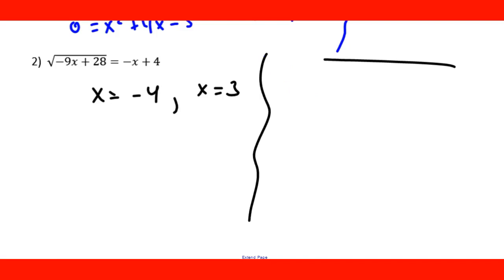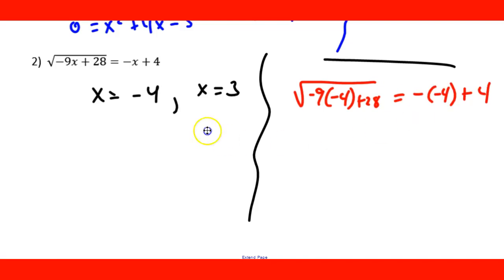All right. So when I go negative 4, I plug in negative 4 right here. So negative 9 times negative 4 plus 28 equals negative 4 plus 4. Okay. So negative 4 times negative 9 is going to be a positive 36.